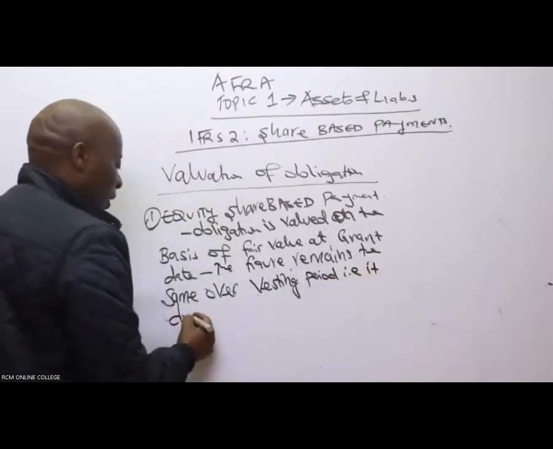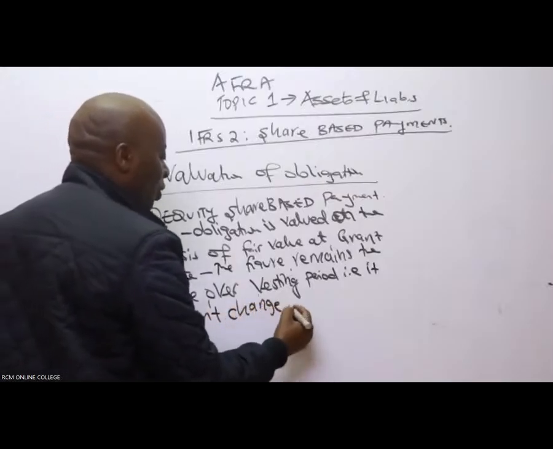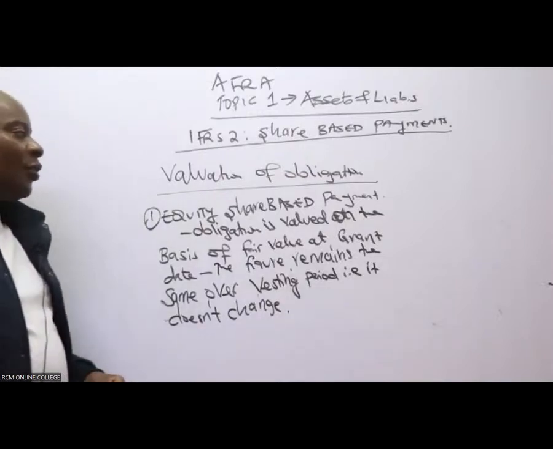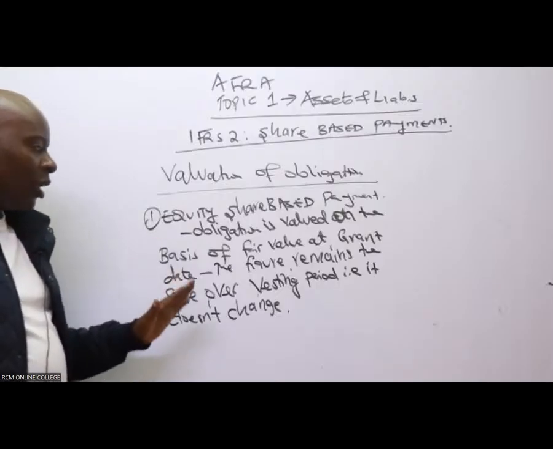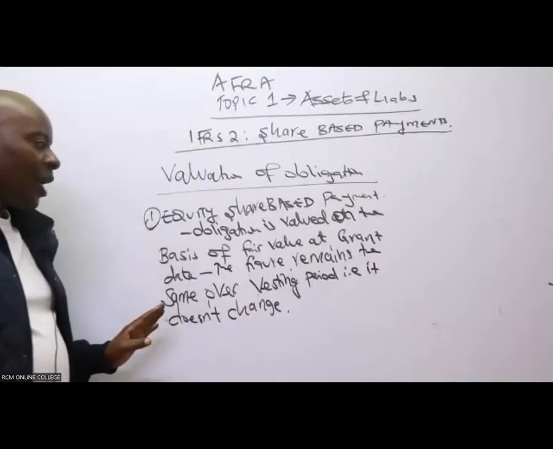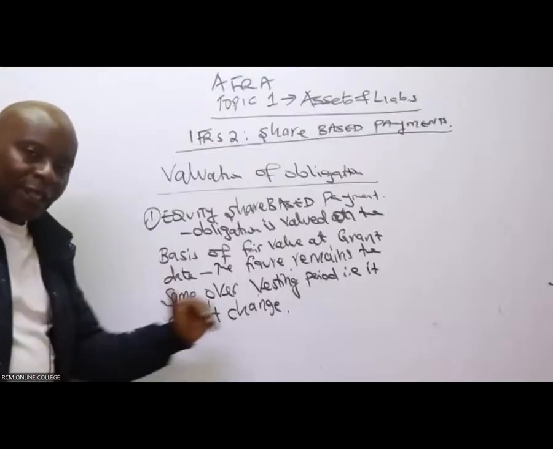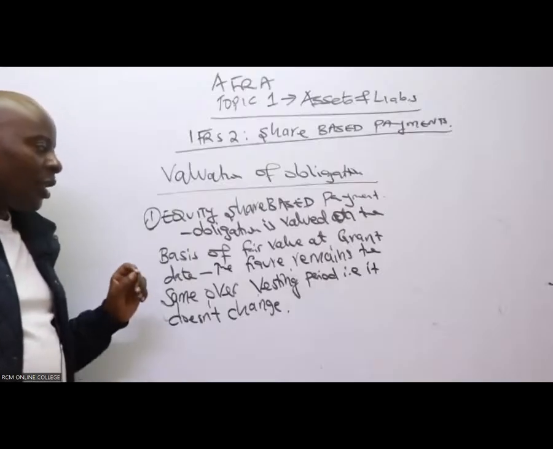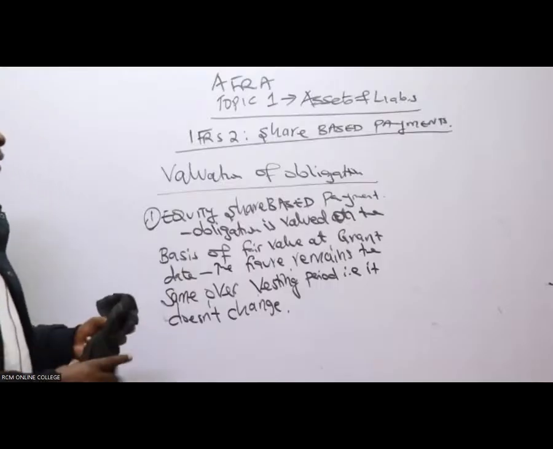So if it's equity settled or equity share-based payment, then the obligation is valued on the basis of fair value as at the grant date. And this figure will remain the same over the vesting period. It doesn't change. And then now we have got cash settled.